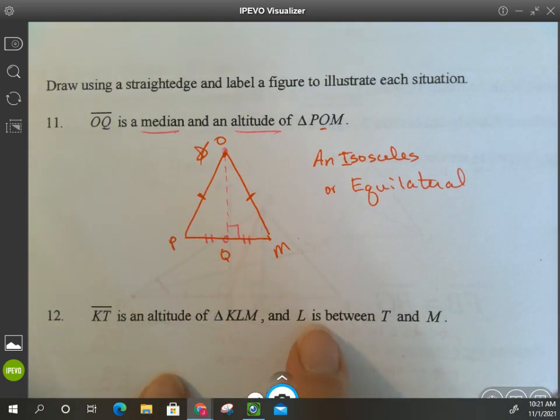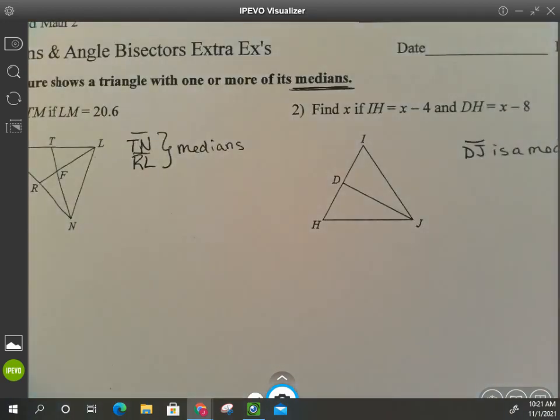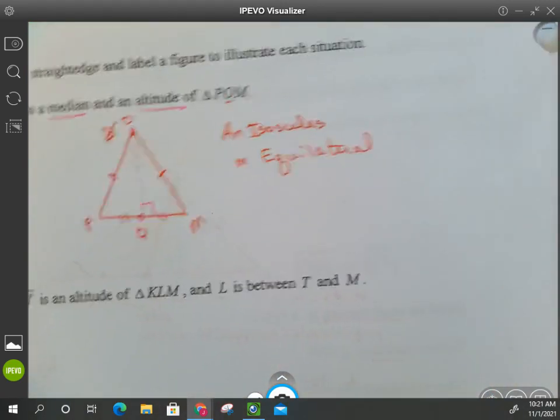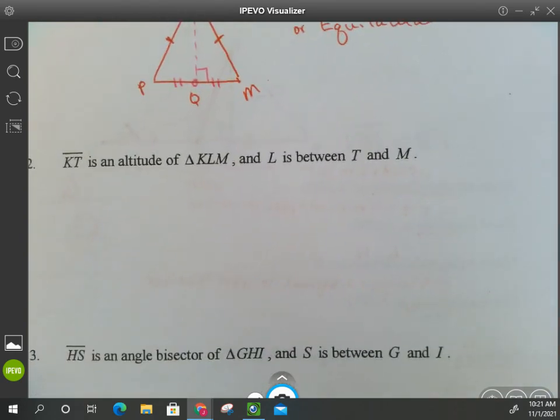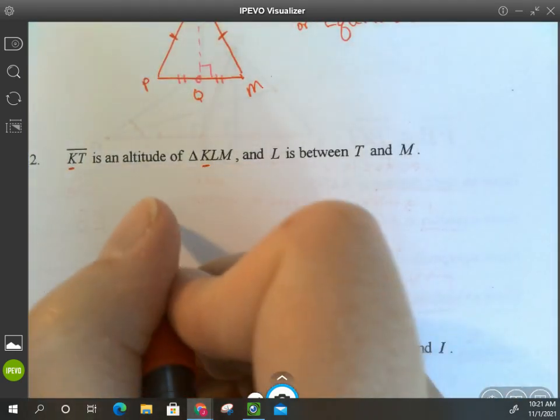So then I got to thinking, this number 12 has to be like this one, where the altitude's on the outside. Okay, so this definitely is a bit of a challenge. So if I draw this triangle, make K the obtuse angle.